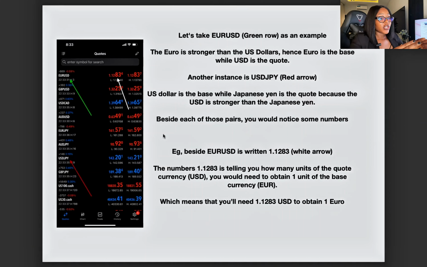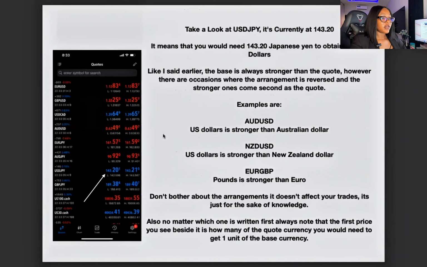Euro USD 1.1283 means that for you to get 1 euro, you're going to pay $1.1283. That is obviously more than 1, which shows that the euro has a stronger value than the dollar. So that is what these numbers represent.